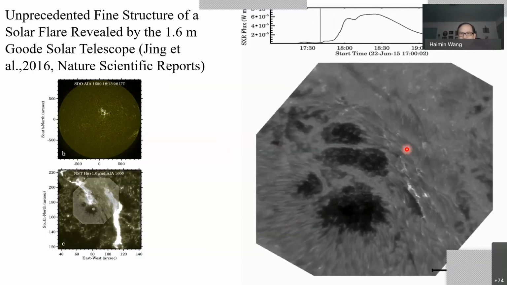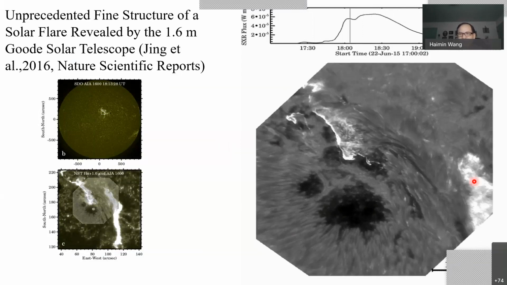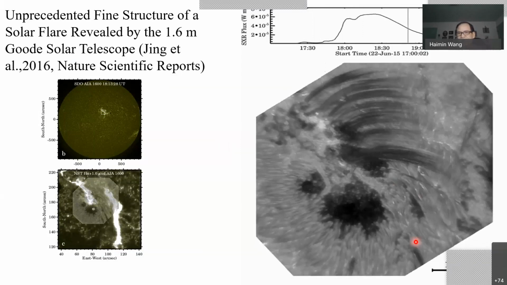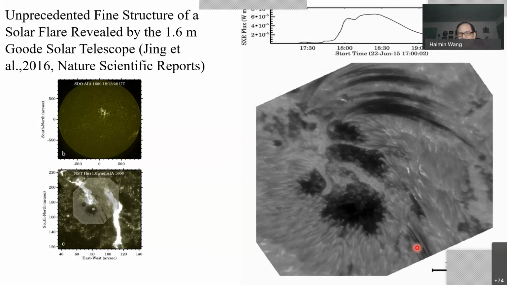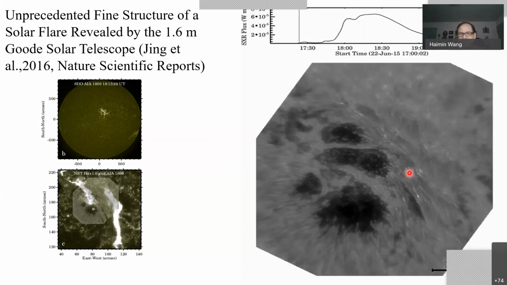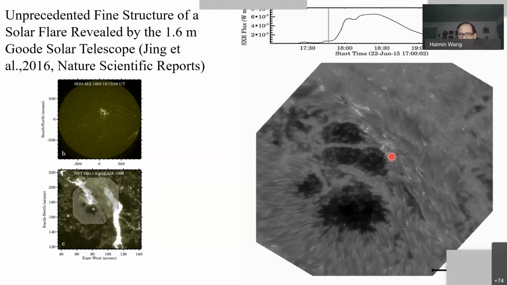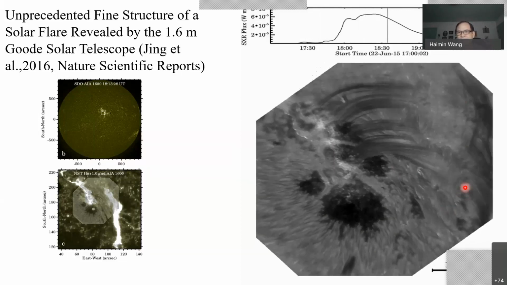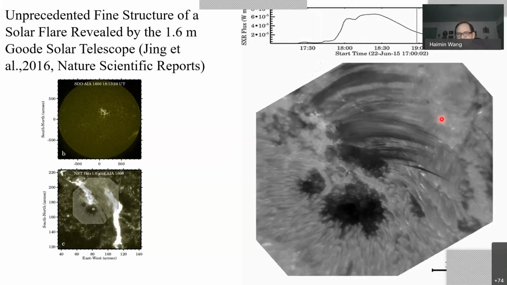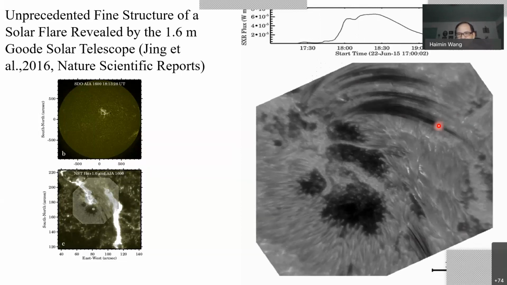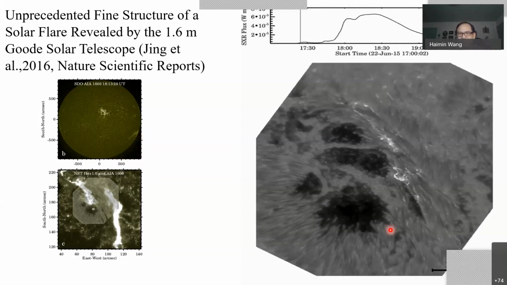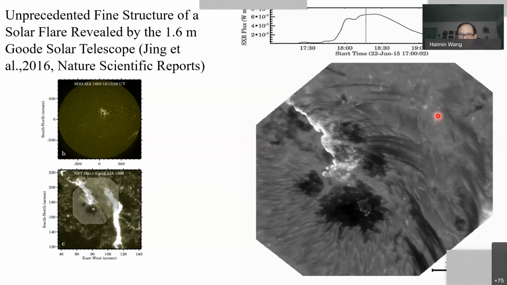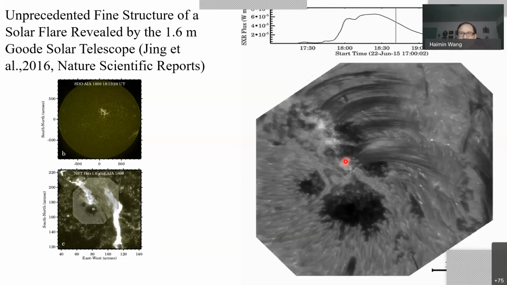So first, you will see before the two ribbon flare appeared, there are two precursors. I will mention those just a little bit later. The second one, and then the flare happens. And another thing is this post-flare loop. It has very high speed flows. In a post-flare loop, what you can see is, because of downward motion, there is secondary brightening.